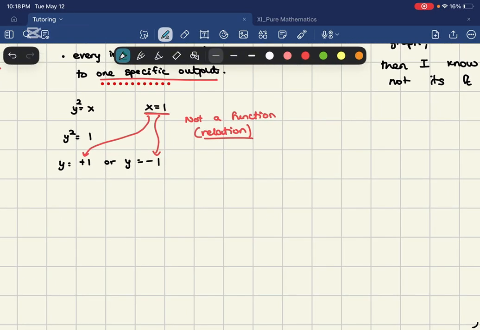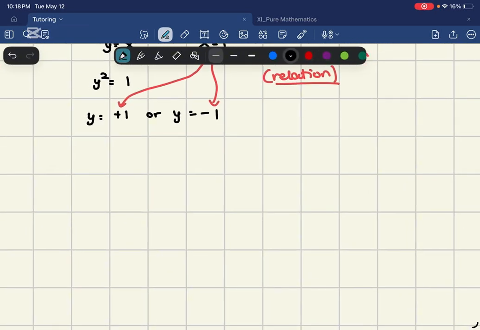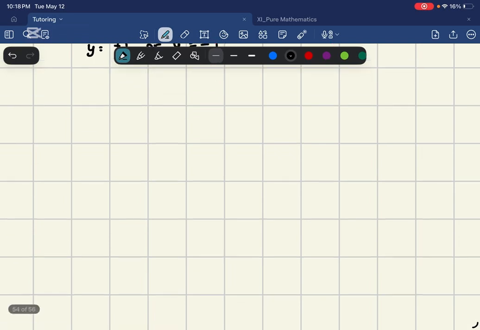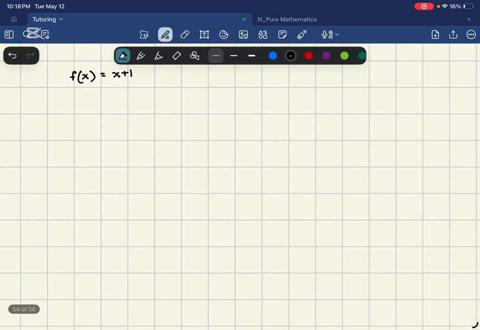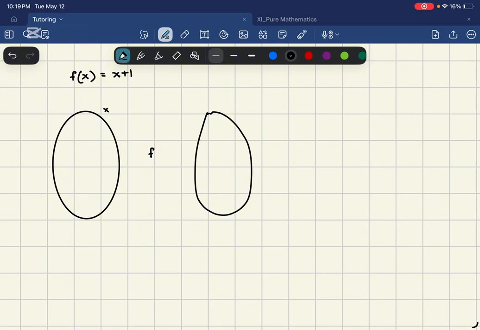So when we talk about functions now, and we've discussed functions as mapping, so f of x is equal to x plus 1. So we're mapping x's. This function takes values from this set of x values, and it maps it to this set, which contains x plus 1. So if I have 1, then it's being mapped to 2.